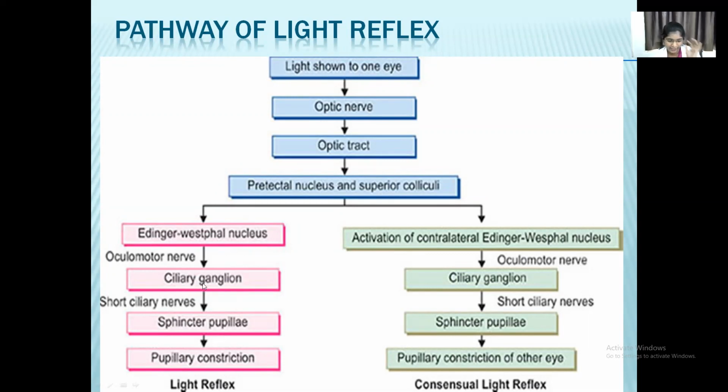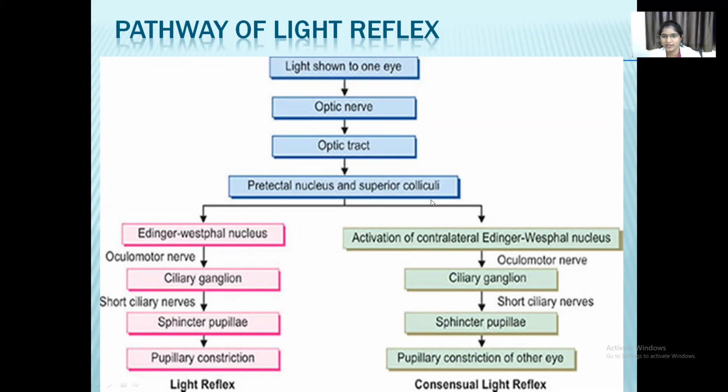It acts on the ciliary ganglion and short ciliary nerves. It causes constriction of the sphincter pupillae or circular muscles, so it causes pupillary constriction. It decreases the size of the pupil. So this is the direct light reflex.